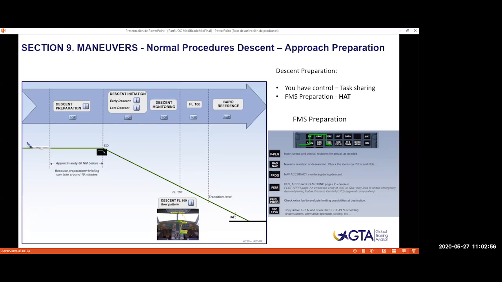Who has to prepare? The pilot flying. But the pilot flying cannot at the same time prepare everything and try to navigate and try to fly. No, this is the reason that the pilot flying has to delegate, has to give the control to the pilot monitoring, who looks at the MCDU and prepares the approach.